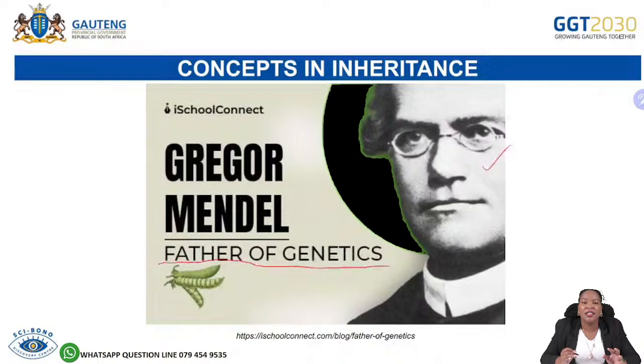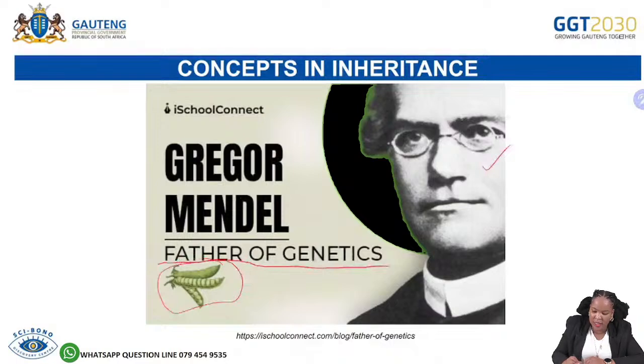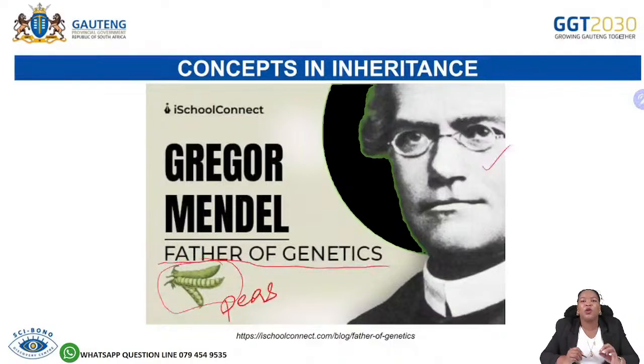He did his genetic studies with the peas, and he was very observant and curious to find out why we have some peas that are wrinkled, others yellow, some with one cotyledon or two cotyledons. So he studied the peas. Hence you see here, his picture is associated with peas. This is because he used peas to study genetics and to study inheritance.